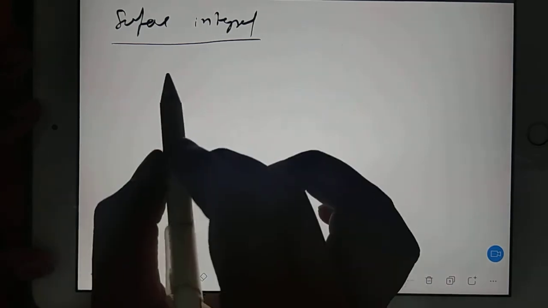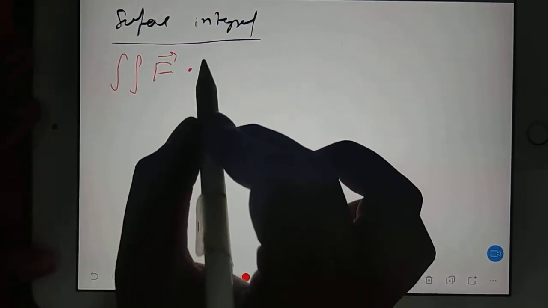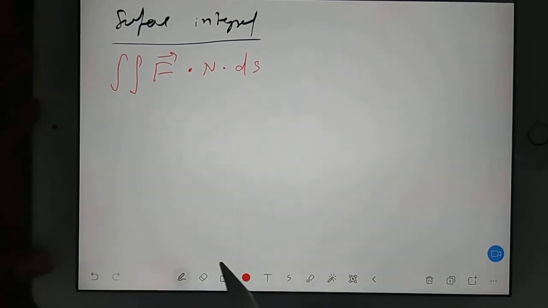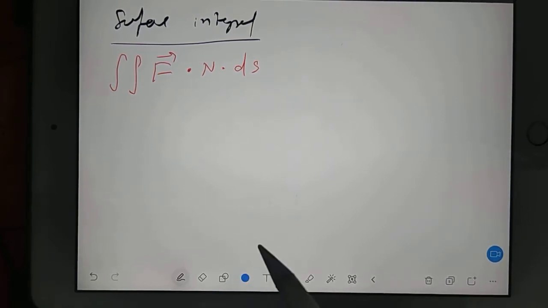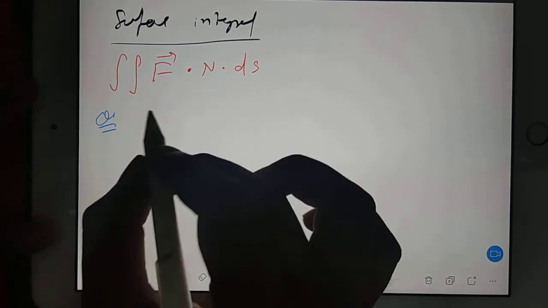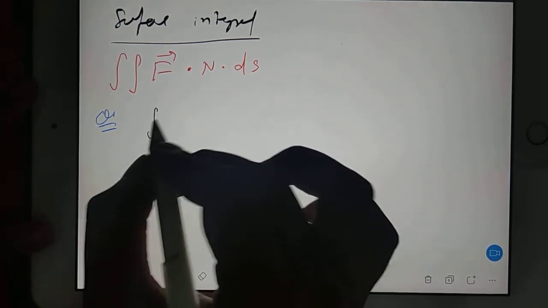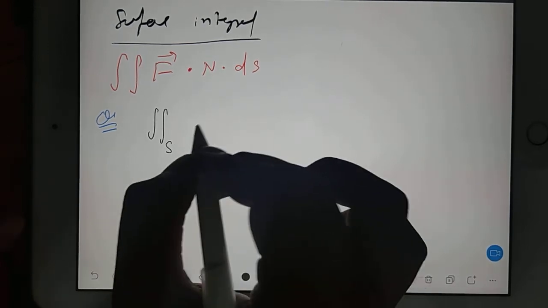Now in surface integral, what will you do? Double integration of F dot n dot dS. Now this is the symbol for surface integration. We'll take one question and solve with that. The question is: double integration, put here S. This time this S will represent a surface.